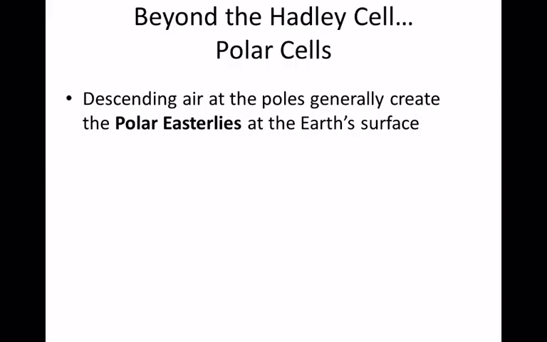So with that in mind, let's see how the Coriolis force would deflect it. If it's going this way from the poles towards the equator, deflection's to the right, so it goes like this. So at the Earth's surface anyway, we have another easterly up at the poles. These are called the polar easterlies, and they're in both hemispheres.